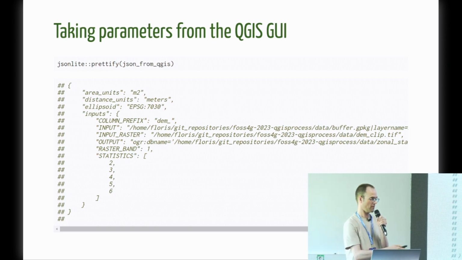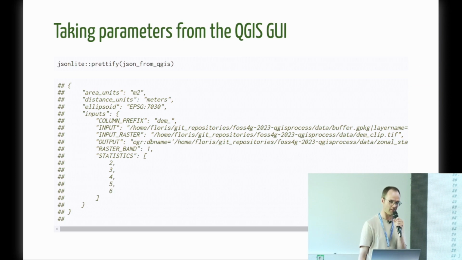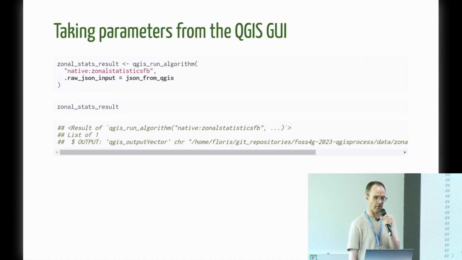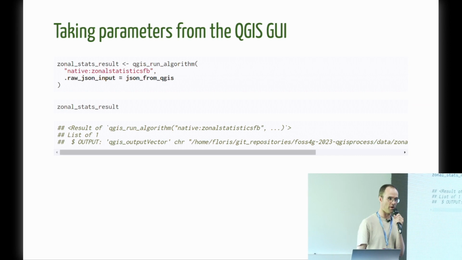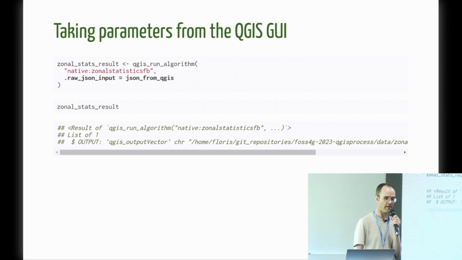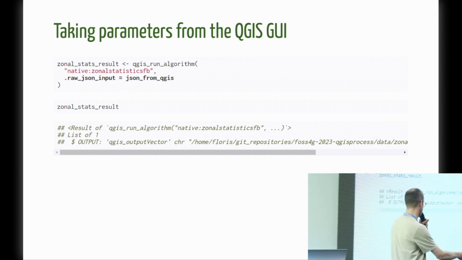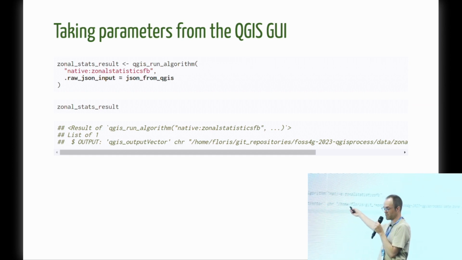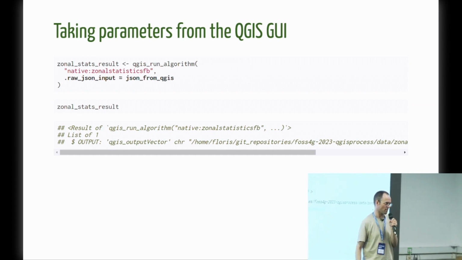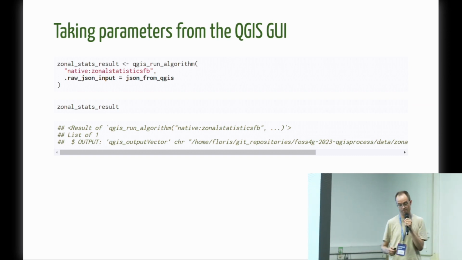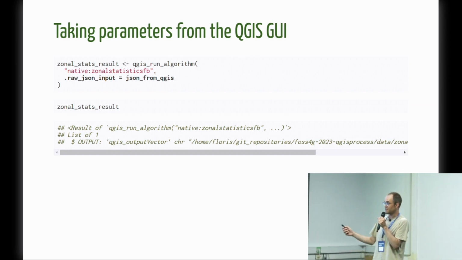It has the parameters that the algorithm needs, and like this, you can pass the JSON string. So it gives back again a QGIS output vector element, which is a file path again to the results.